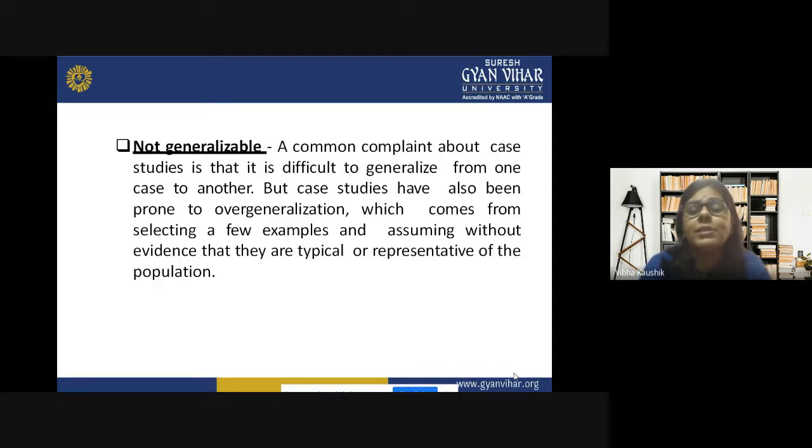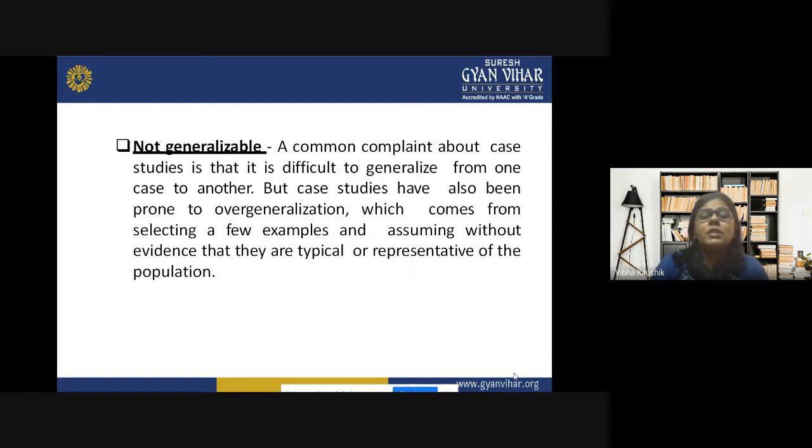Not generalizable means the results that the researcher will get after the completion of the case study cannot be generalized. A common complaint about case studies is that it is difficult to generalize from one case to another.